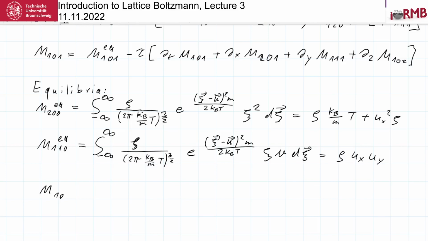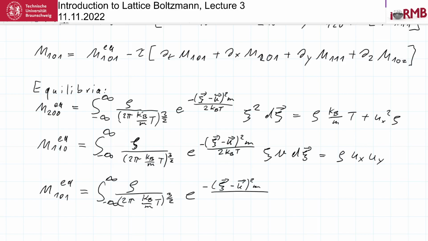For the last one, M101 equilibrium, minus infinity to infinity rho 2 pi kB divided by m, this to the power of 3/2, e to the power of, oh God, I forgot the minus everywhere. Okay, minus xi minus u squared m divided by kBT.